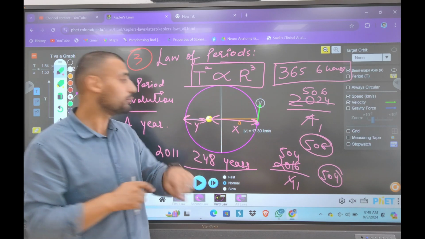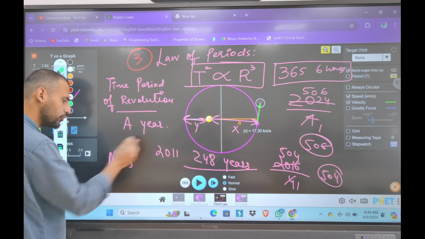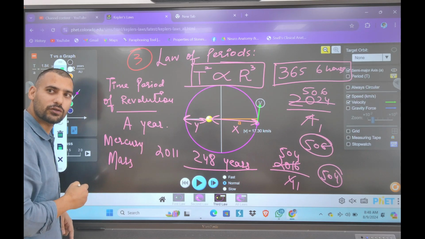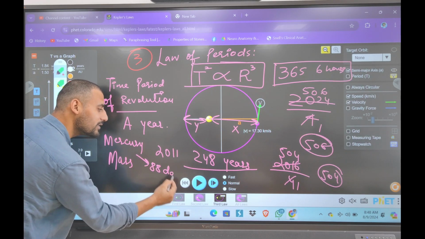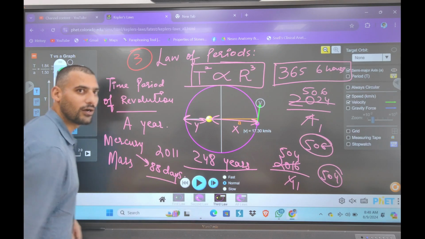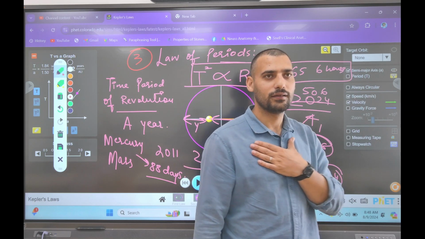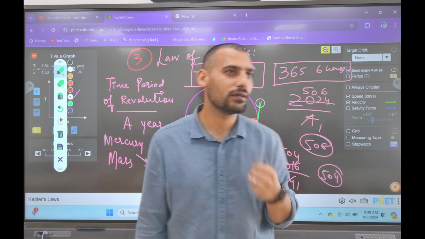But when you talk about Mars, or you talk about Mercury, let us talk about Mercury. Do you know what the time period of Mercury is? It is 88 days. That means, if I am on Earth, 88 days means 3 months, right?